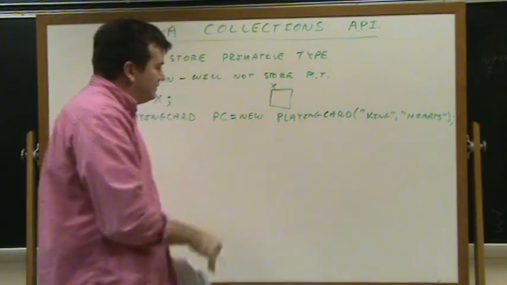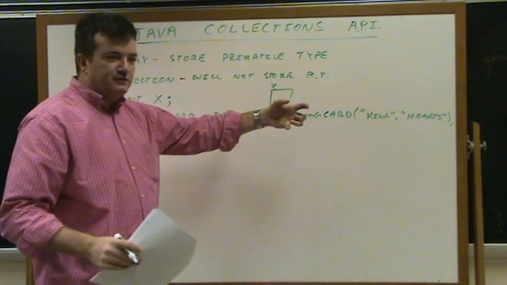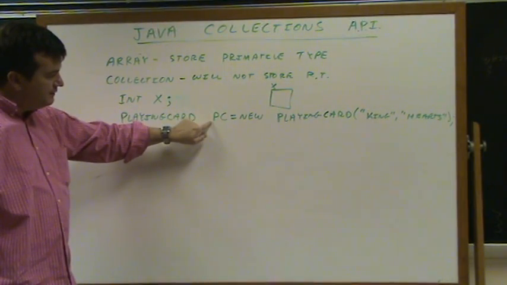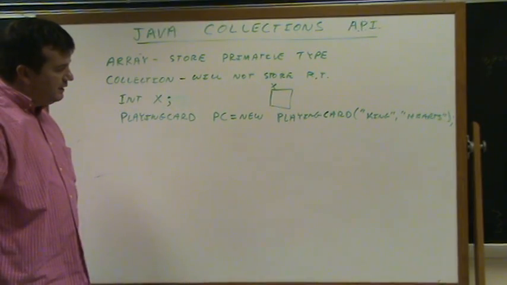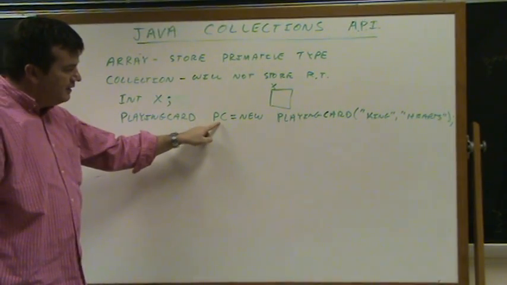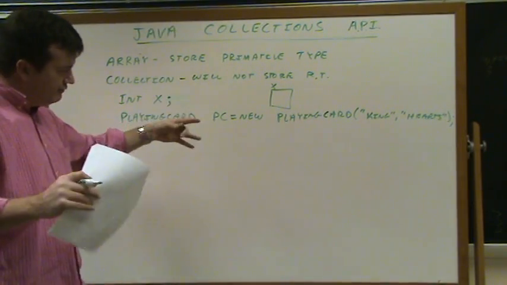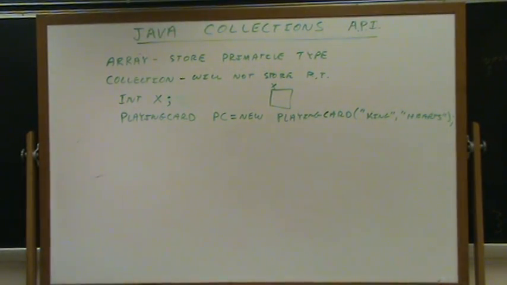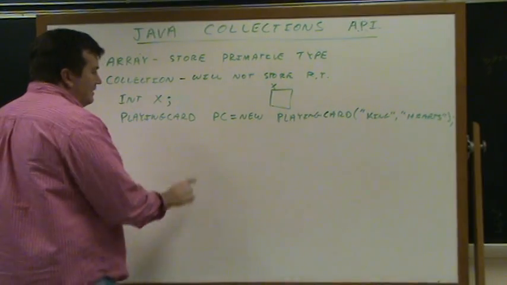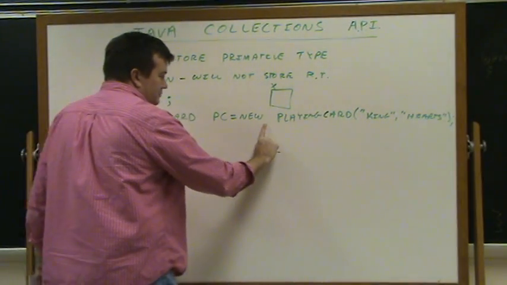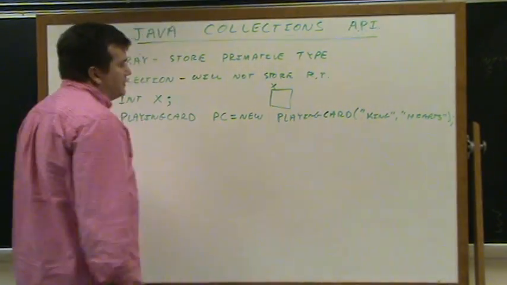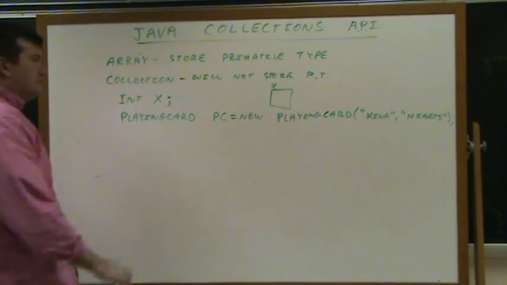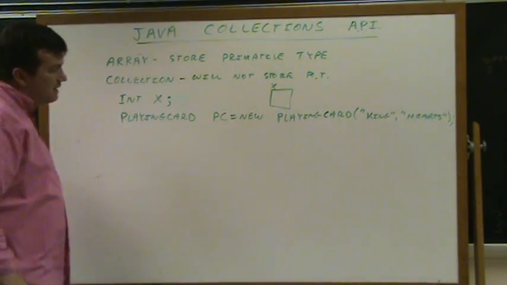Now this new actually goes and gets us a piece of storage. So this ends up being just a reference to an object. If you actually want the object to be created, you have to say new and then whatever the name of the object is. So this is a reference, and we'll consider it a non-primitive type, something that we made up ourselves. Primitive types are the types the compiler gives to us.